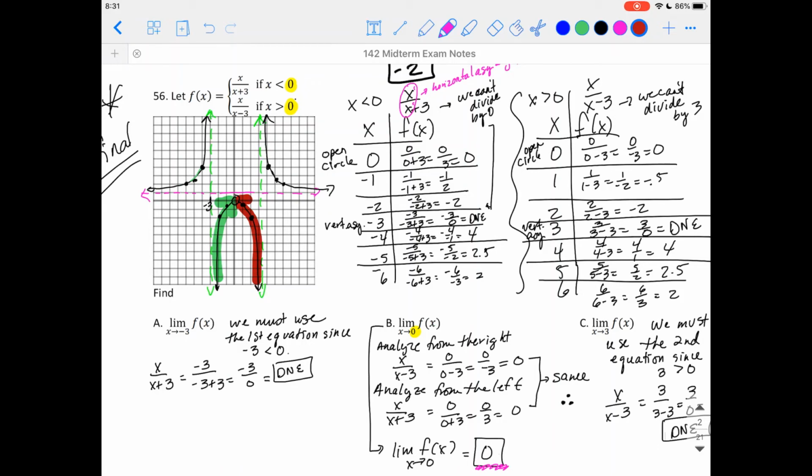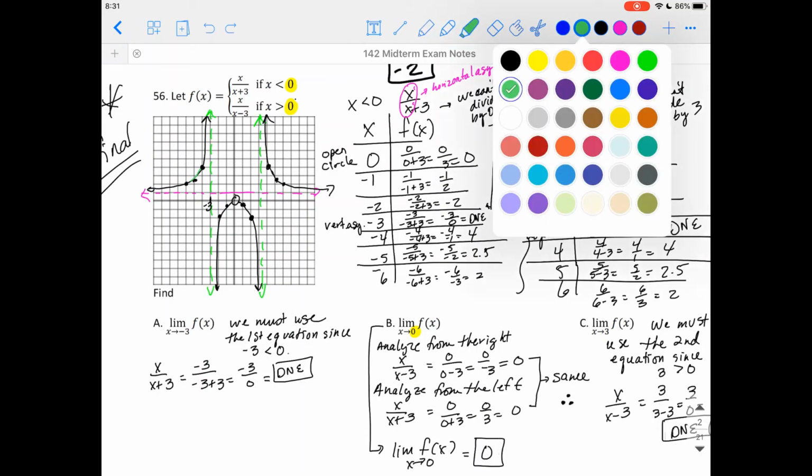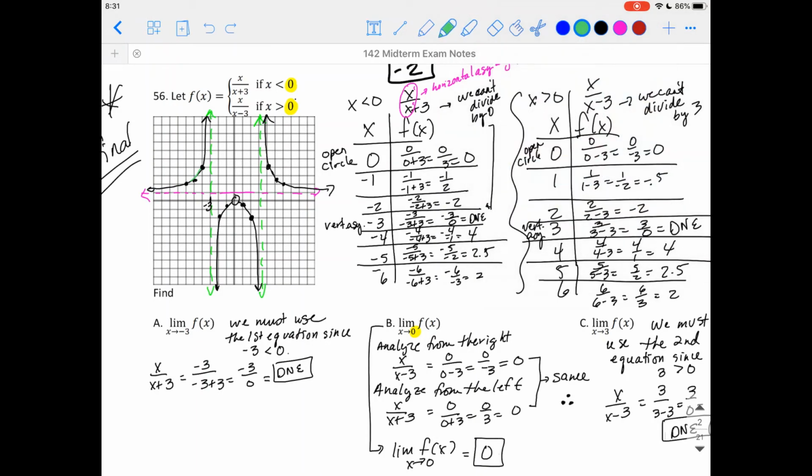Okay, and for part C, I'm going to undo this again so that we can see. It says the limit of f of x as x approaches 3. So coming from the left, here's x equal to 3 right here on the x-axis. And I want to analyze coming from the left.